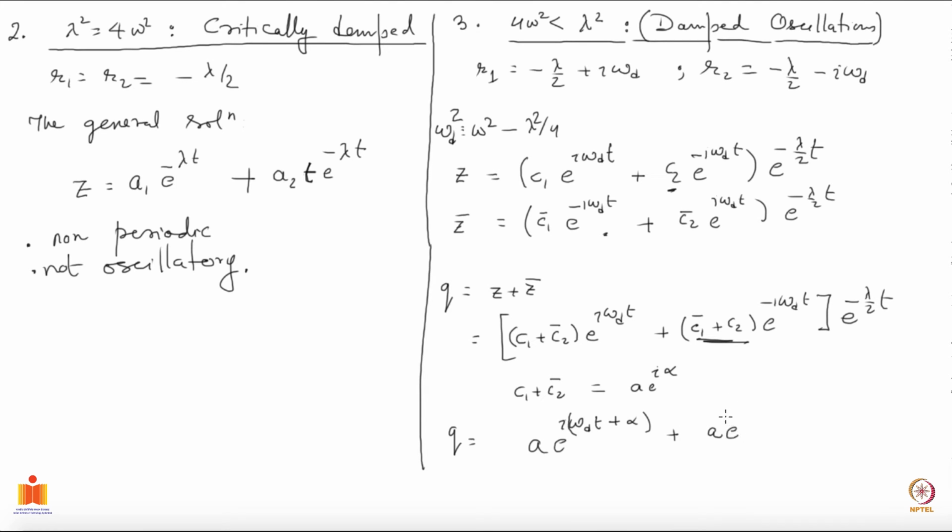So I get a e to the minus i omega d t plus alpha. I have taken out the minus sign, that's why I get a plus in here. Okay, that's fine.